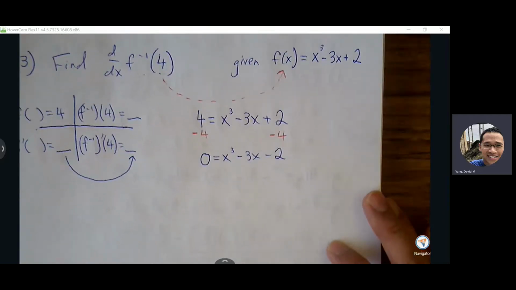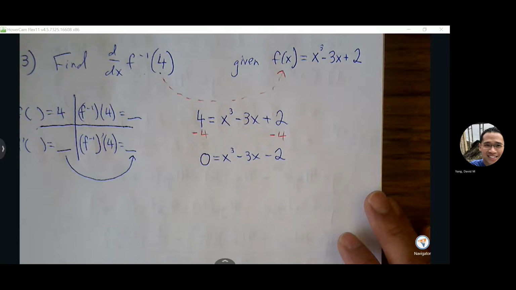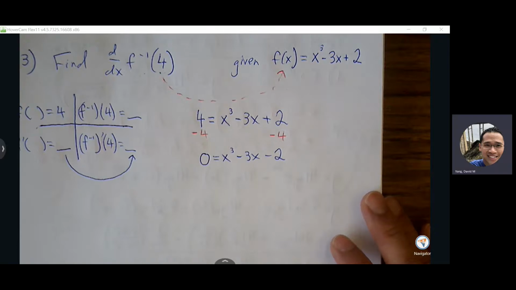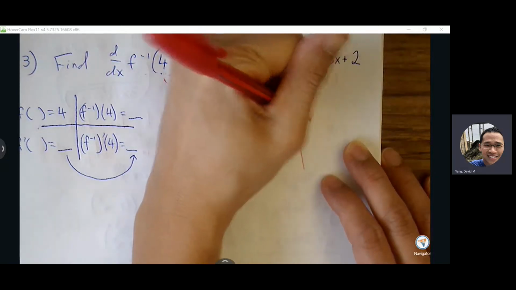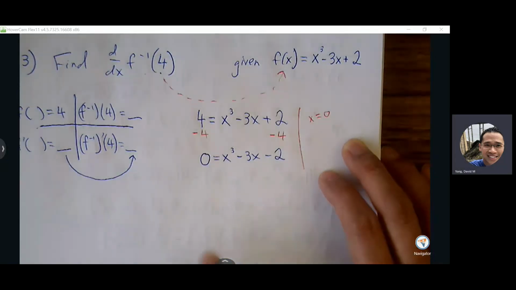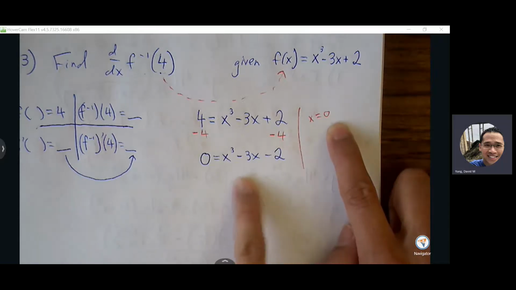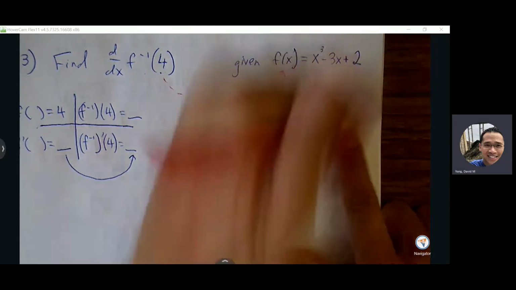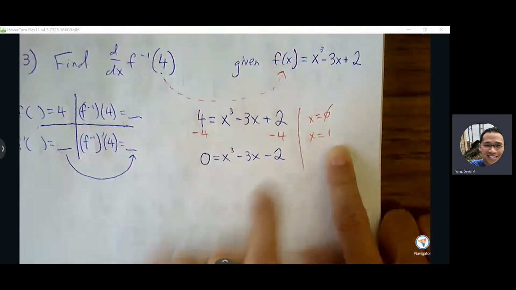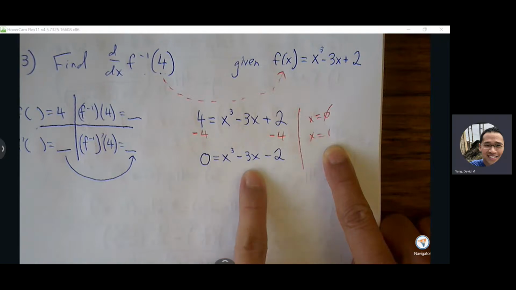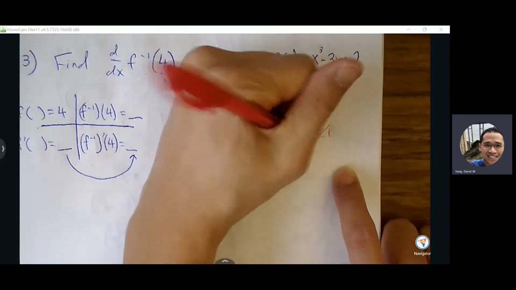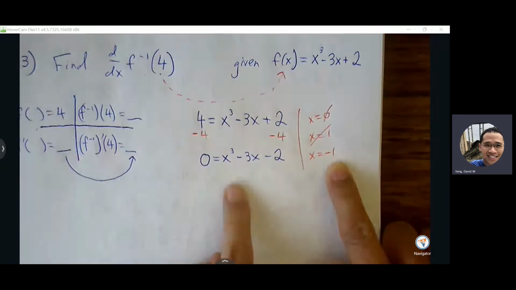These numbers should be easy to find. You want to just find numbers around 0. Let's see, does 0 work? No. How about 1? 1 cubed is 1, 1 minus 3 is -2, -2 minus 2 is close, right? Not quite though. How about x equals -1?